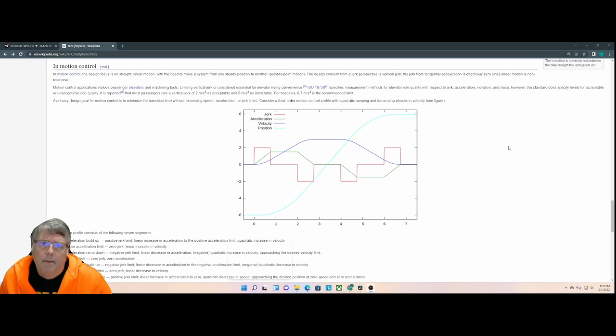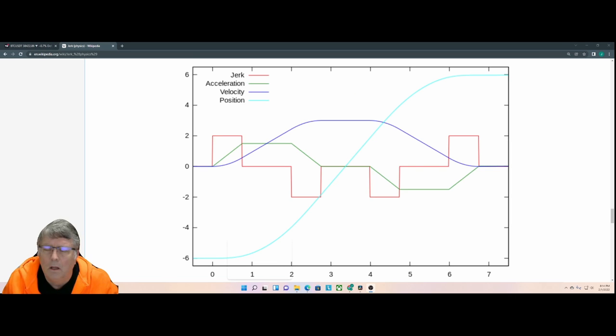It's just a different name. So I have increased the size of this chart to make it easier to see. So what this chart is showing is what happens to an object when forces are applied upon it over time.